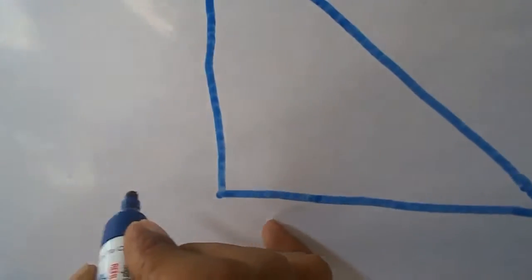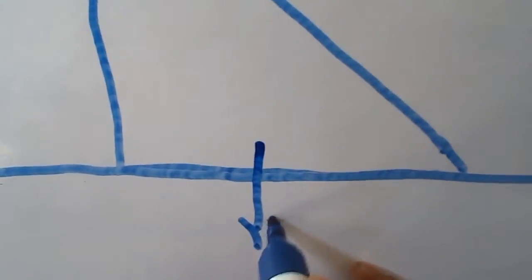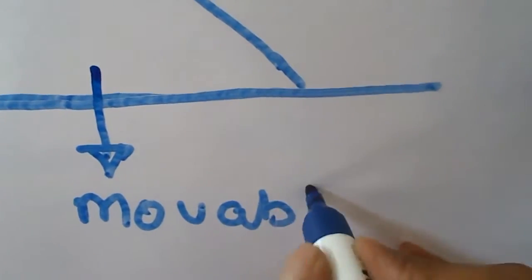Okay, we are going to solve another question, and in this question, this is a triangular wedge, and this is movable. Okay, movable wedge. This wedge can move.